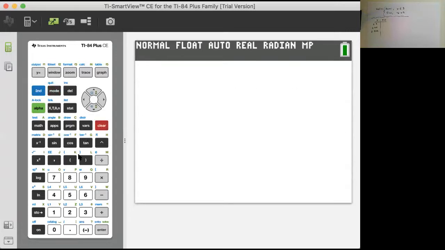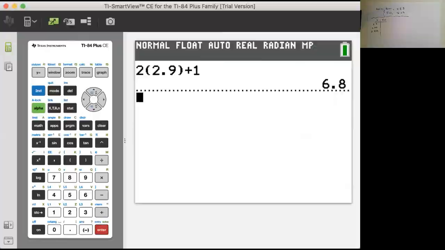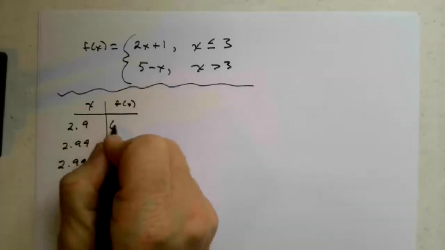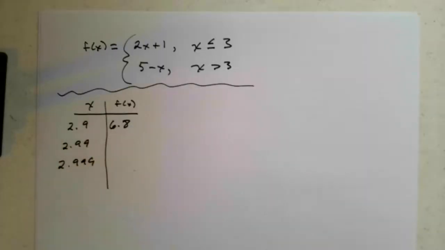So 2x plus 1, 2 times 2.9 plus 1 gives me 6.8. Let's look at 2.99.